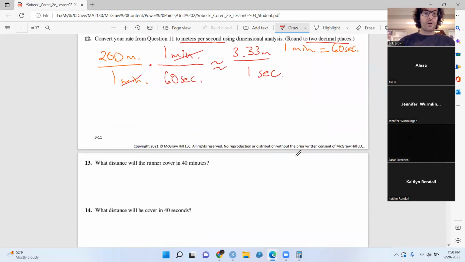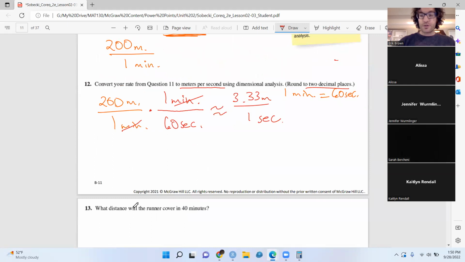Okay, so now we're asked to use these rates to do some calculations. So we're saying, hey, if this person runs for 40 minutes, how far are they going to get? Well, we have 2 rates to pick from, right? We have rate A and rate B. Notice that this one is in meters per minute. This one is in meters per second.